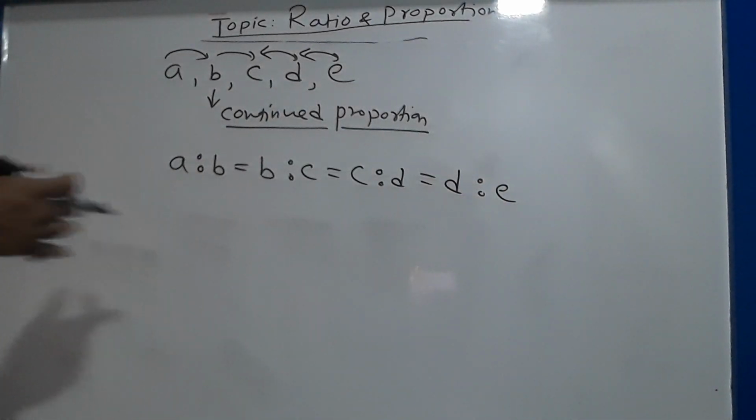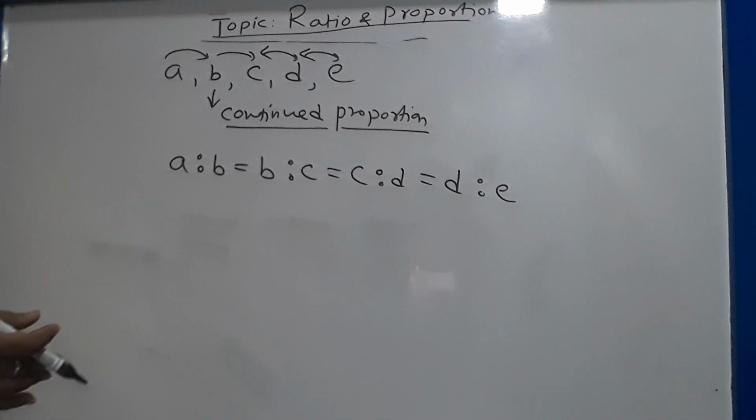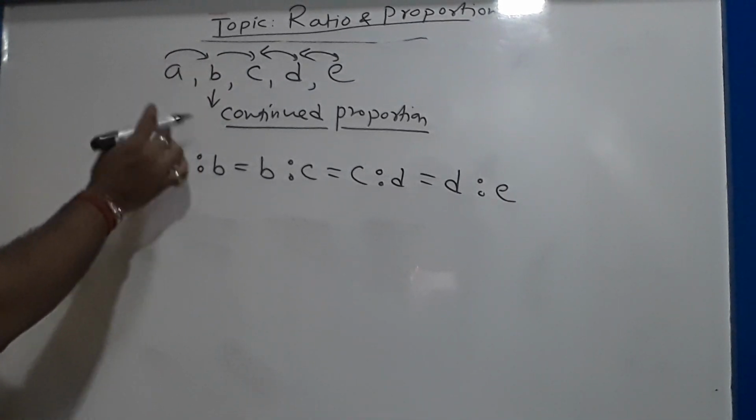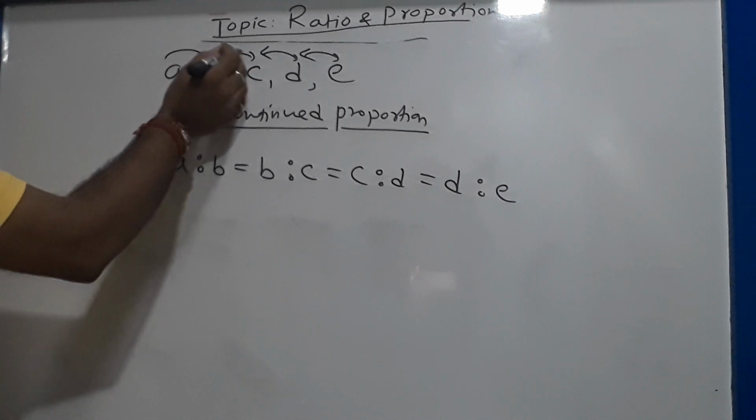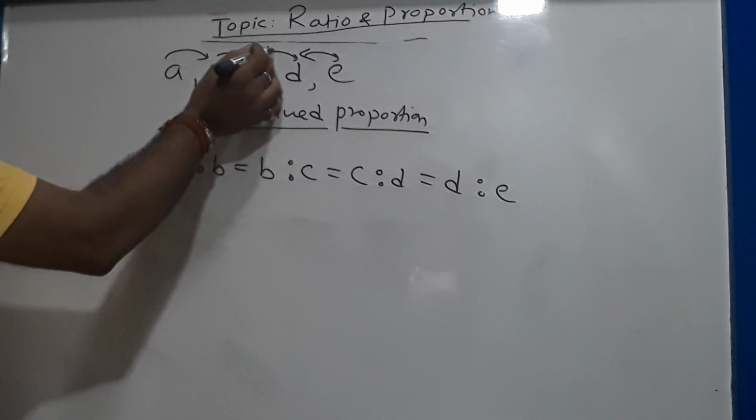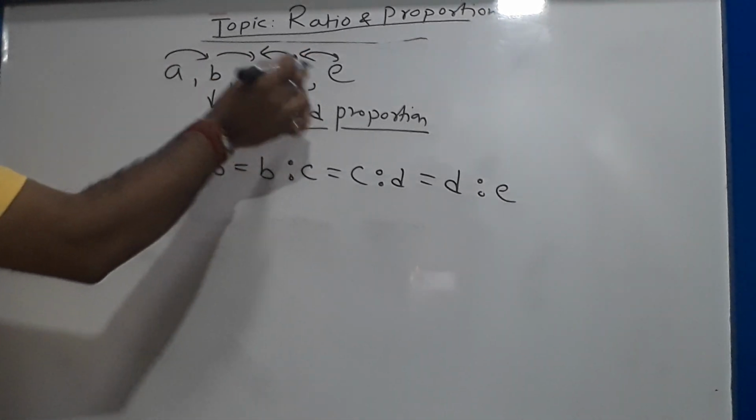So five numbers A, B, C, D, E are in continued proportion means A ratio B is equal to B ratio C is equal to C ratio D is equal to D ratio E.